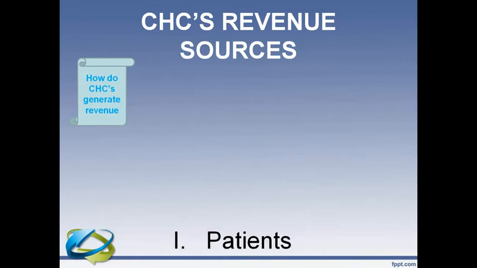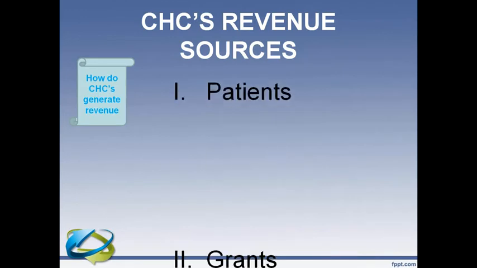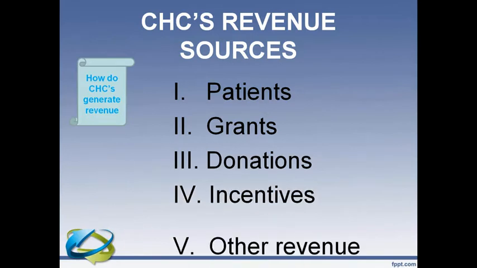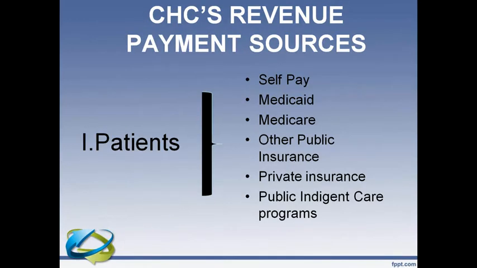And so with the community centers, there's obviously a number of different sources, and patients being your primary. Then there's also grant revenue, there's donations, there's incentives, and there's other revenue that can be generated. So we're going to go through real quick each of these to give you an idea of what they look like. So for patients, those patient payment sources could consist of self-pay, which of course a lot of you are all familiar with.